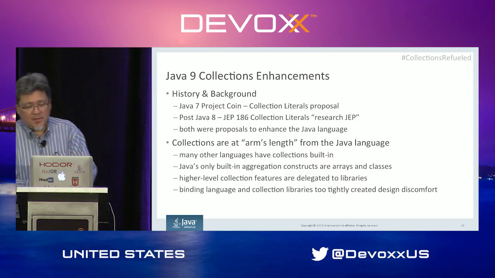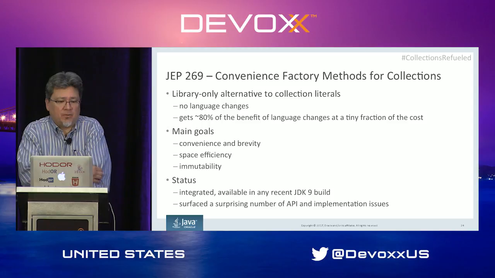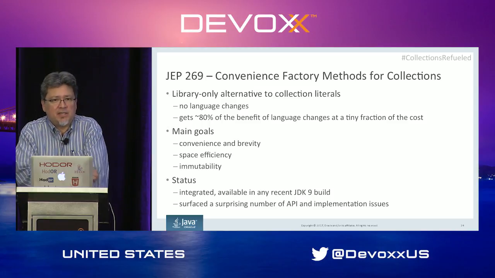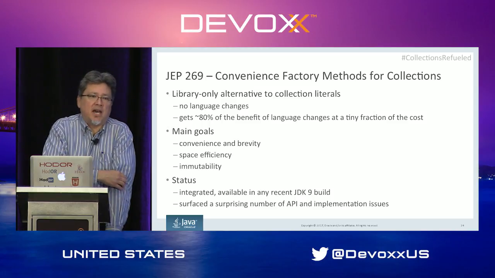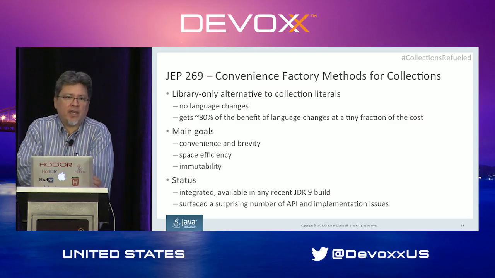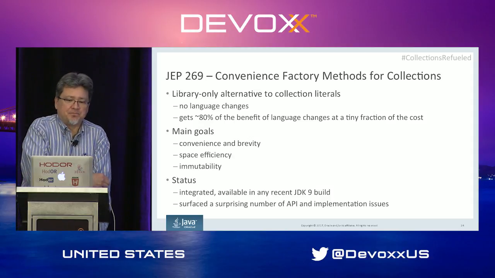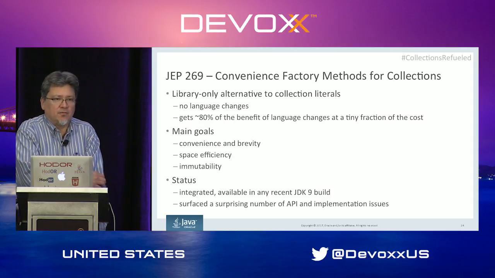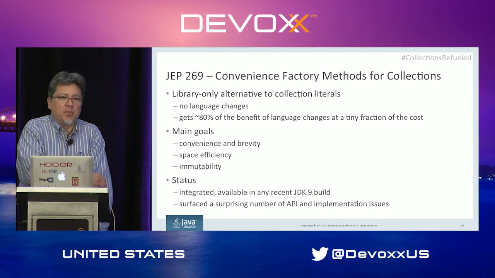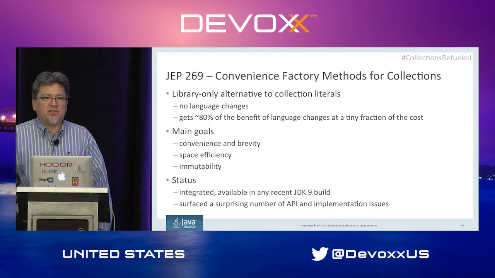So anyway, the upshot of that is we decided not to add collection literals to the language. Instead, we said, let's add some convenience APIs to the existing collections framework, and that will get us probably 80% of the benefit of collection literals, but it's much, much simpler to do. It's a library-only construct, so it's just APIs.